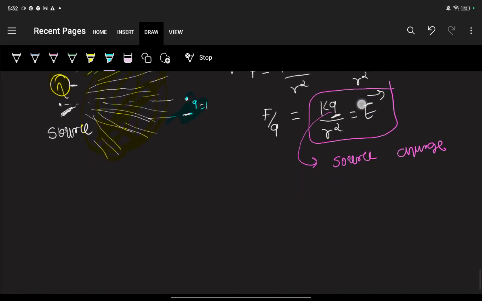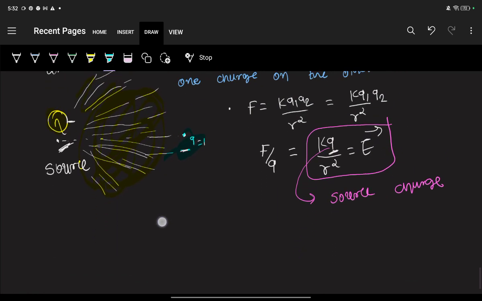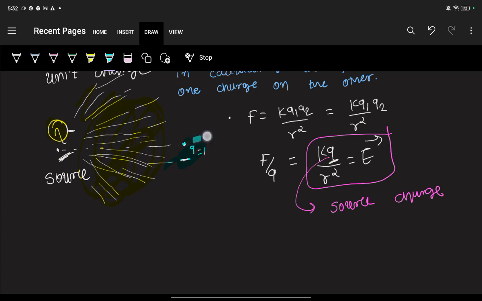Okay, and one thing to understand here is that this test charge is so small. Yes, it has its own electric field, but since it's too small, it cannot exert an enlarged force on this capital Q charge. It cannot move this charge toward itself.